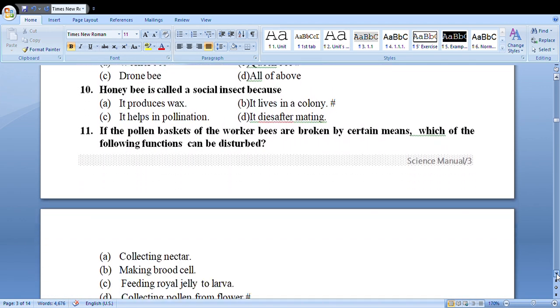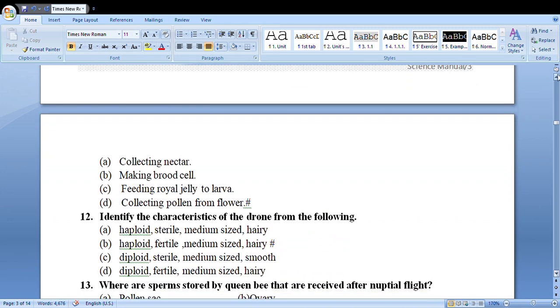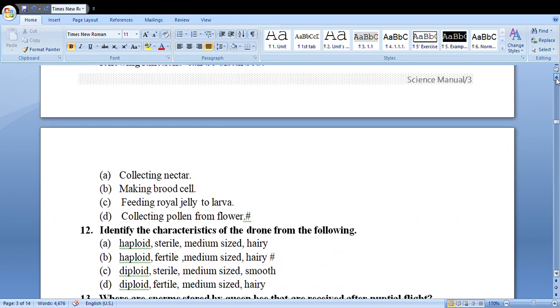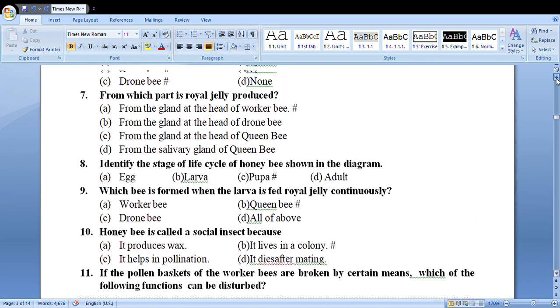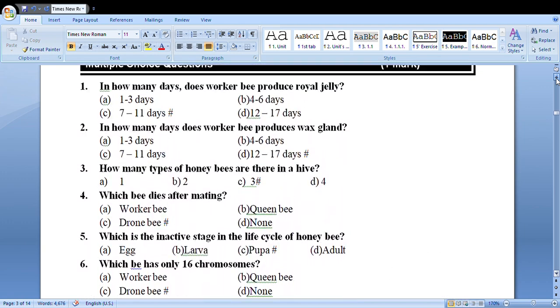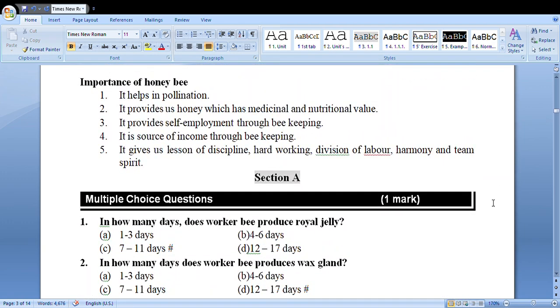Here must be some diagram. Diagram might be misplaced.